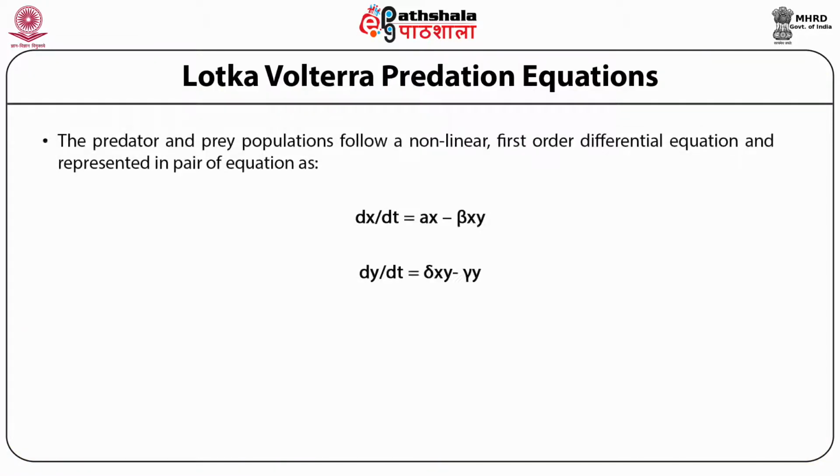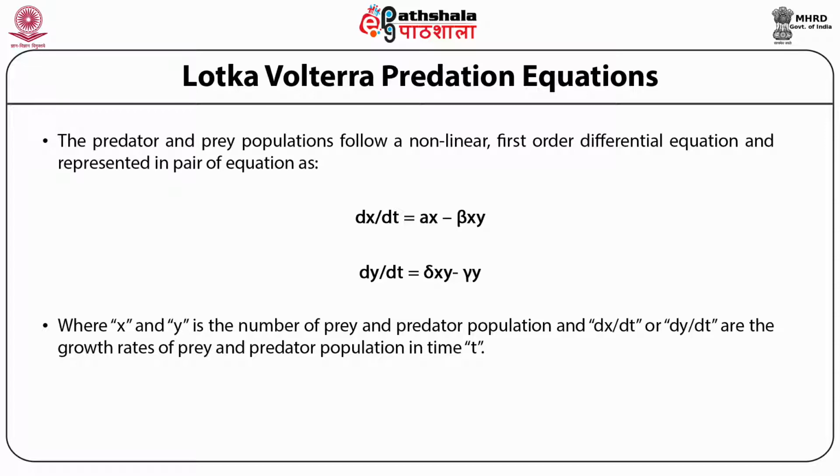The predator and prey populations follow a non-linear first-order differential equation, represented as a pair of equations: dx/dt = αx − βxy, dy/dt = δxy − γy, where x and y are the numbers of prey and predator population, and dx/dt and dy/dt are the growth rates of prey and predator population in time t.